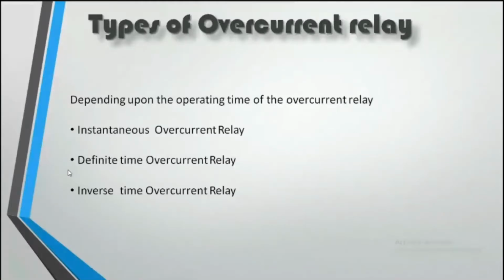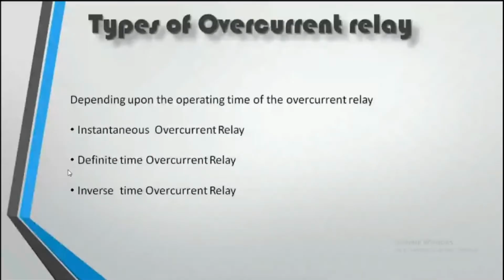Then what we have done on the overcurrent relay operation time is that we can divide it into two parts. First one is the instantaneous overcurrent relay, for which the operation time is not intentionally delayed, but it is instantaneous.